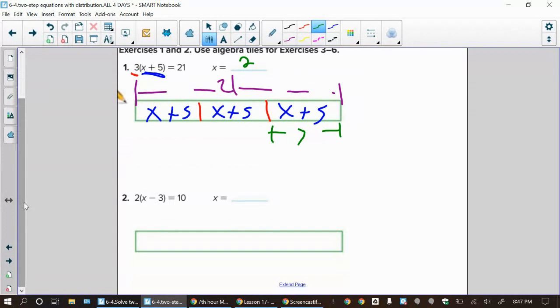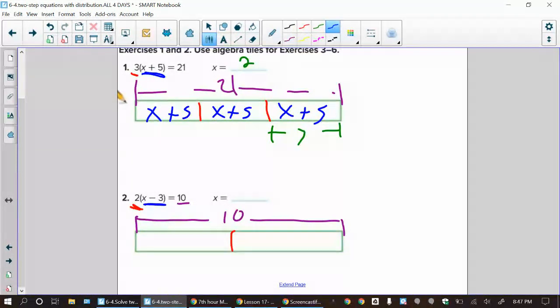Think about, what does the whole thing equal? The whole thing is a 10. Okay. How many parts do you need? 2. What goes inside each part? X minus 3.